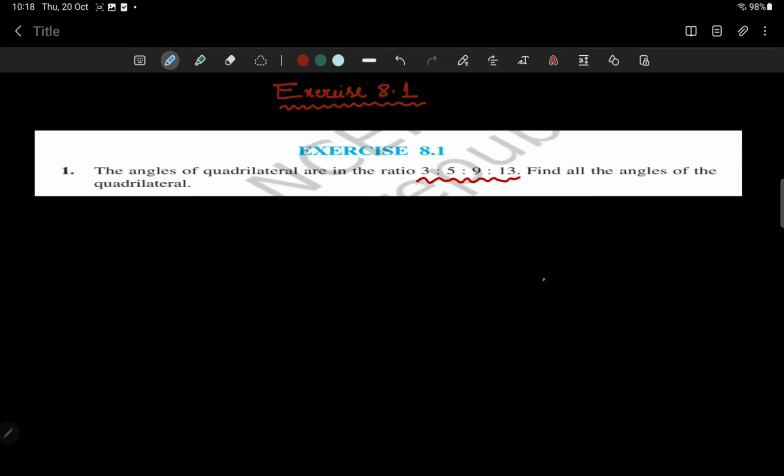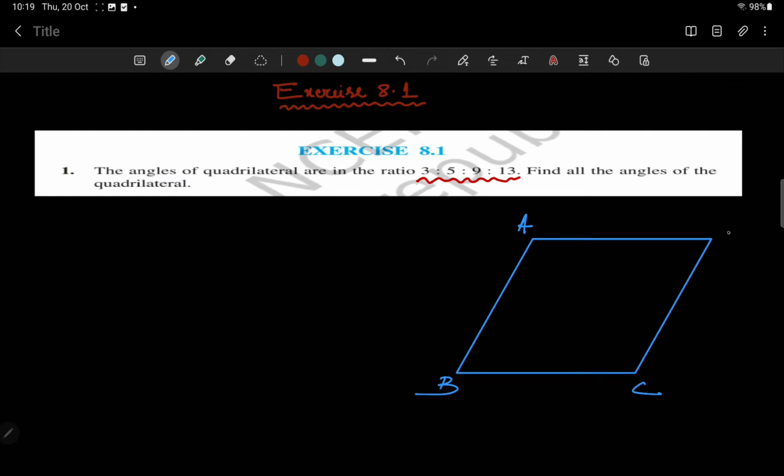So let us first construct a quadrilateral. Suppose any quadrilateral, I am making any quadrilateral, so it is becoming a parallelogram, let it be. It's a quadrilateral, don't guess it as a parallelogram. So here this is your A, B, C and D.